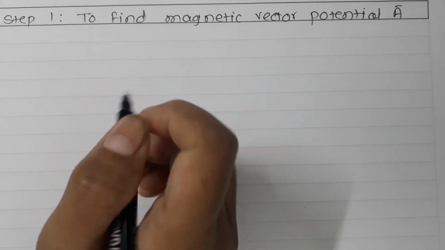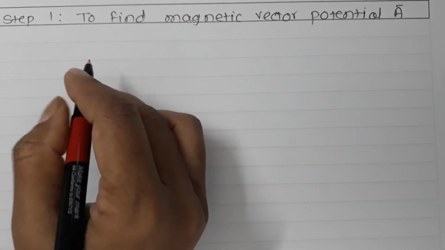The field due to the dipole can be easily obtained if we consider it as consisting of a chain of Hertzian dipoles.